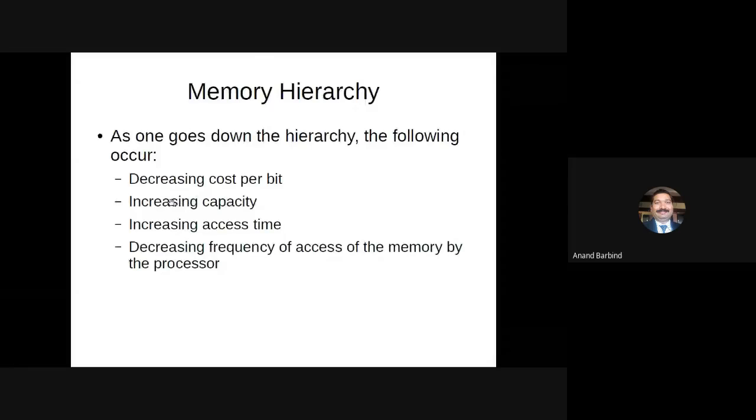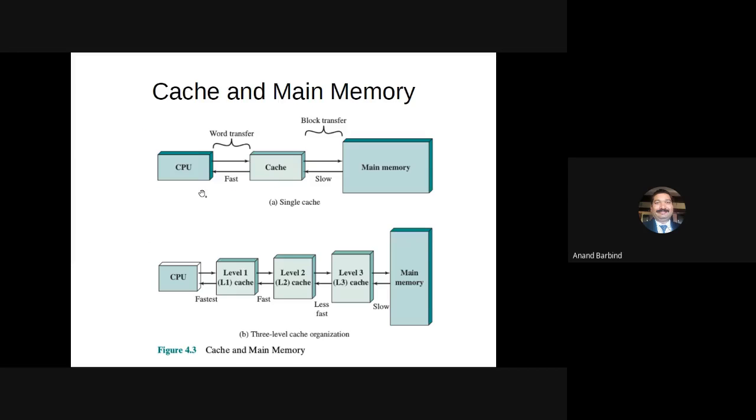Registers have the less capacity, whereas the disks have the highest capacity. Increasing access time, so registers are fastest with very less time, whereas the disks are the slowest, with more access time. And decreasing frequency of access of the memory by the processor, that is the speed at which the memory can be accessed, so that is also decreasing. So that is how the characteristics are.